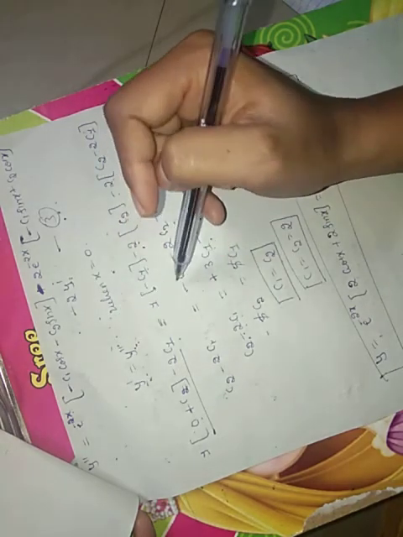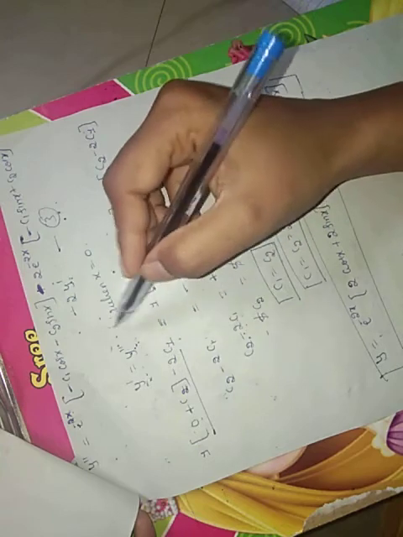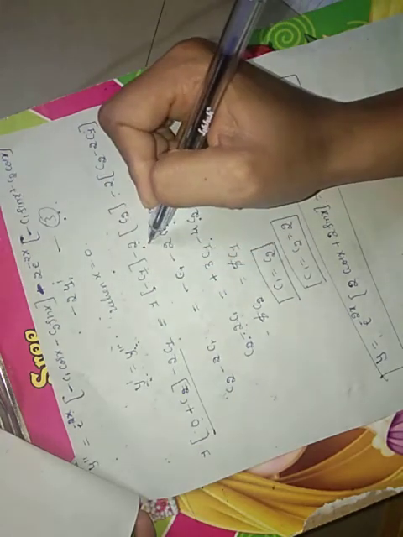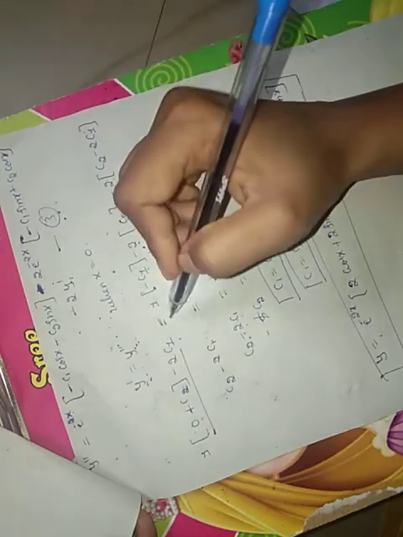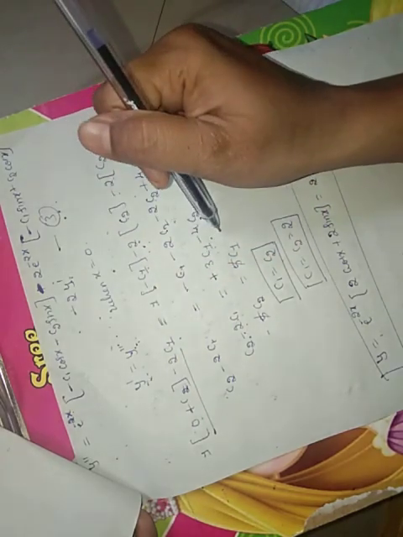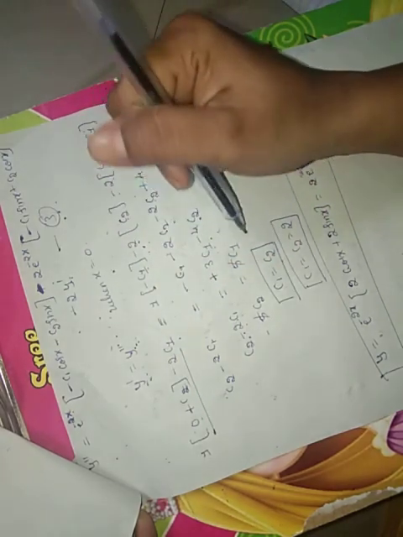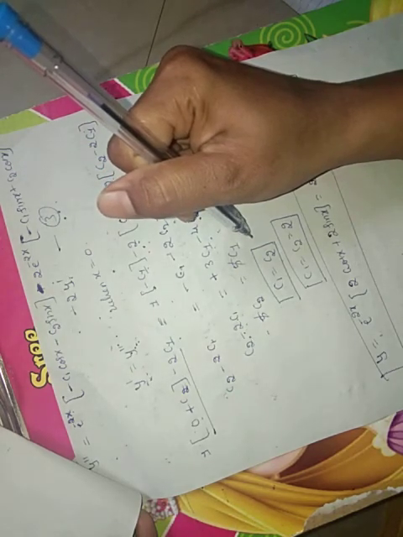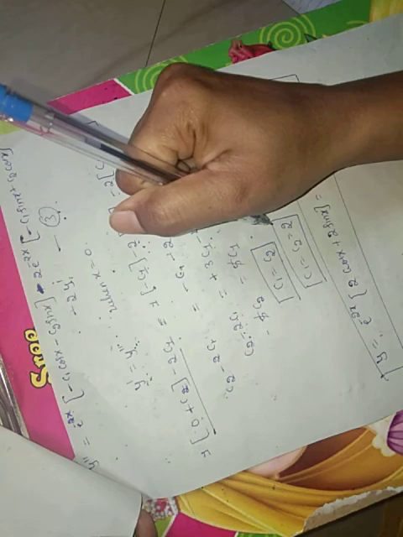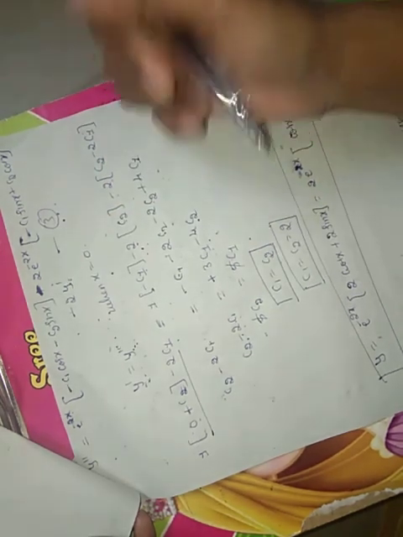So y dash when x is 0 is equal to y double dash when x is 0. Both are equal. We made the simplification and we get c1 equal to c2. So that is nothing but 2. So we get the solution 2 into e raised to minus 2x into cos x plus sin x.